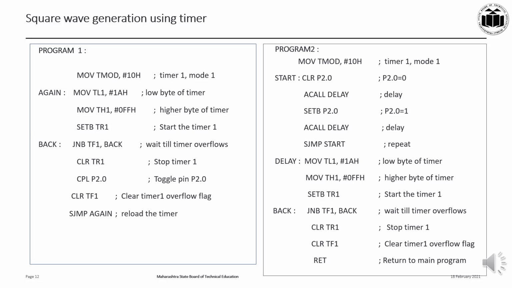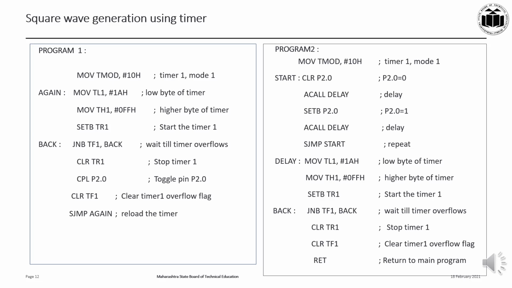Then a delay subroutine is called. After the delay subroutine gets over, again the pin is set to 1 by using the instruction SETB P2.0. Again a delay subroutine of the same amount is called and the whole process is repeated.